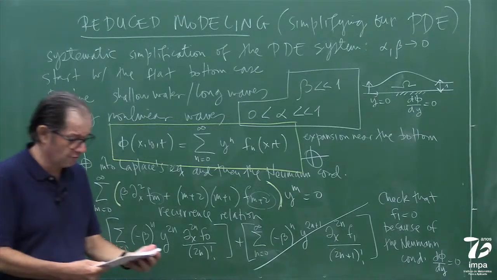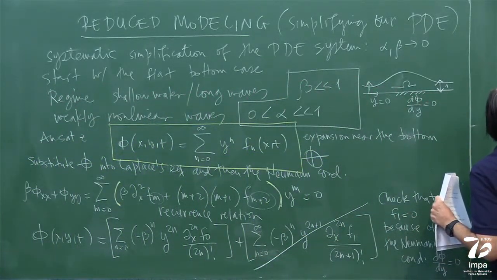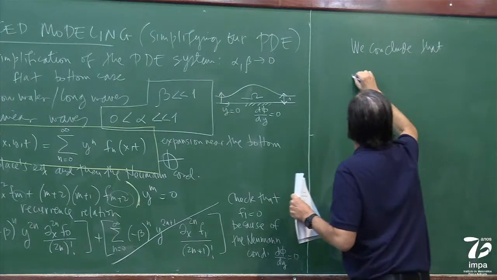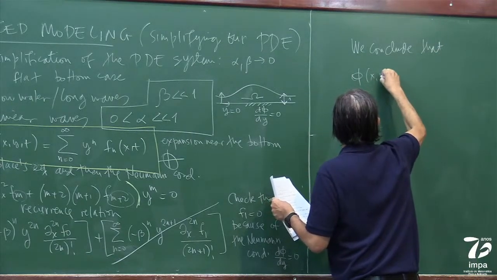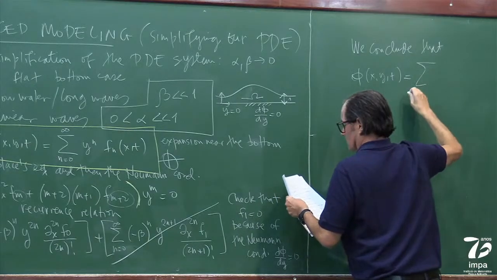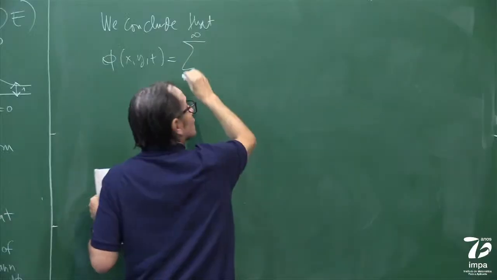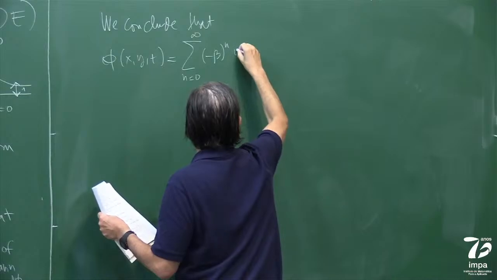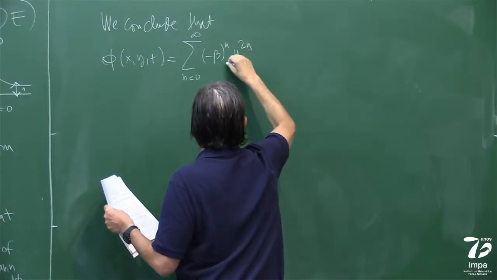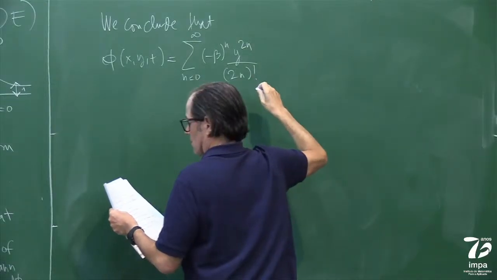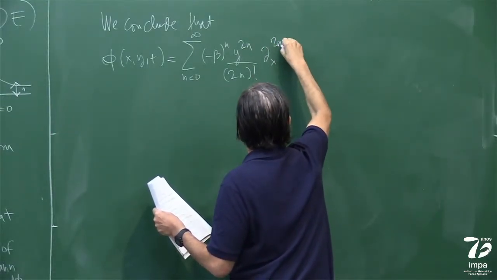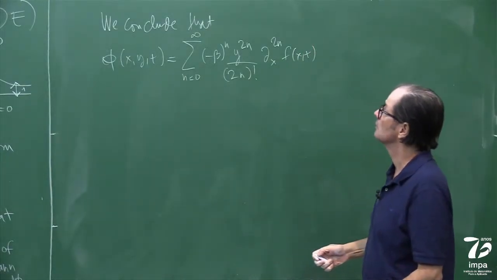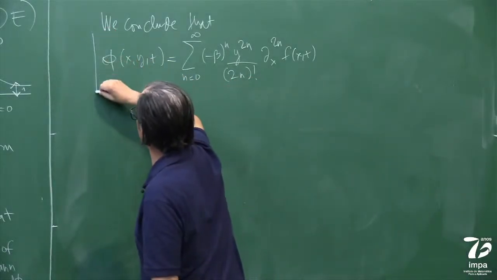So therefore, we conclude that phi of x, y, t equals the sum from 0 to infinity, and this satisfies Laplace and Neumann.